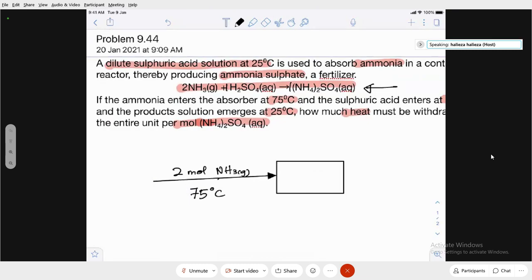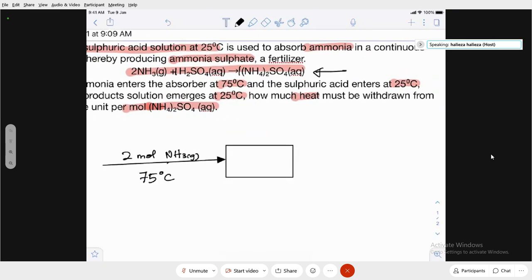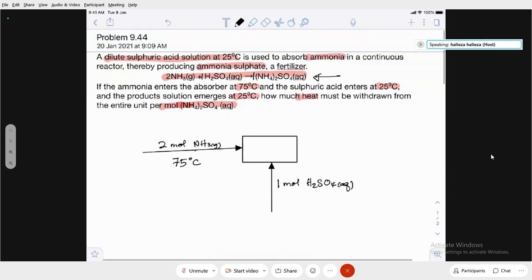Next, we're going to mix it with our sulfuric acid. So we're going to have 1 mole of sulfuric acid, aqueous. There is a mention of dilute sulfuric acid, so the value of R is equal to infinity.